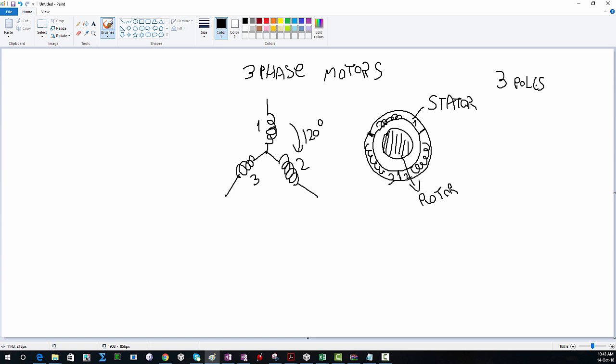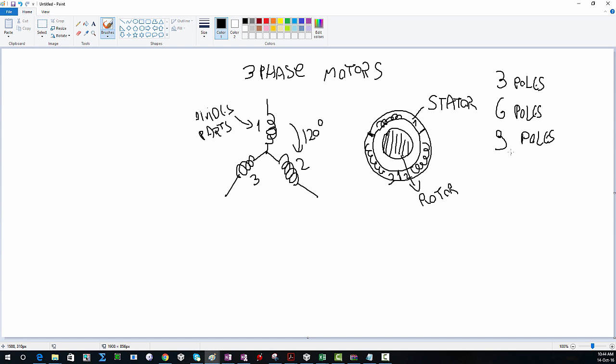because a three-phase motor can be built from 6 poles or from 9 poles. The number of poles is not different from the number of coils. So if you have 6 poles, we will have one coil, but the coil will be divided into two parts. And it will be the same coil that is divided.